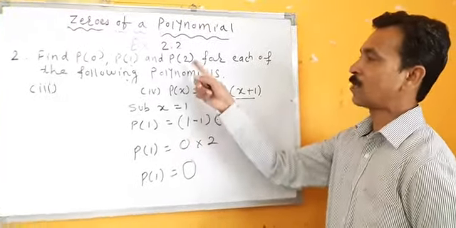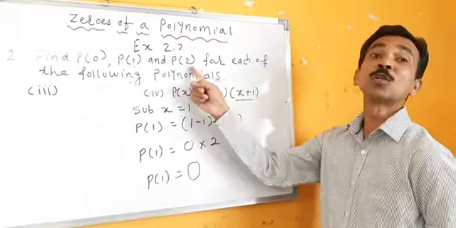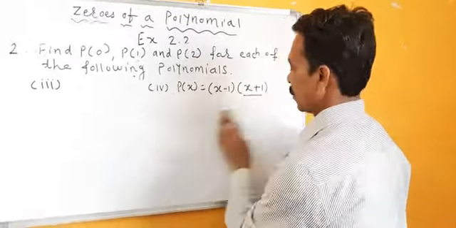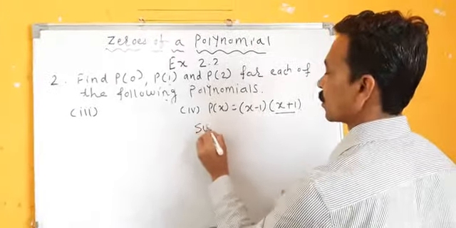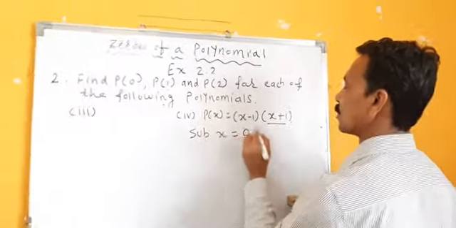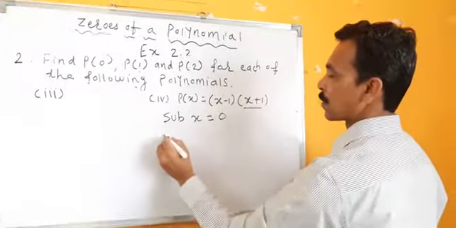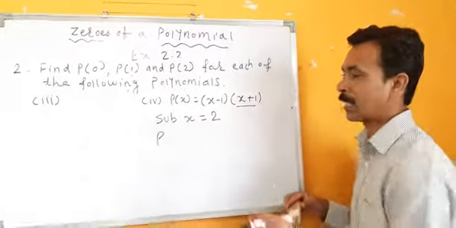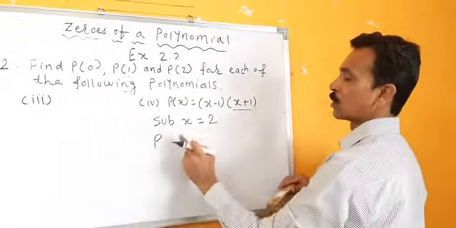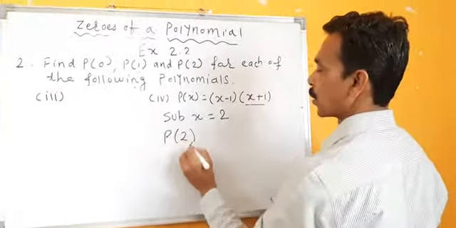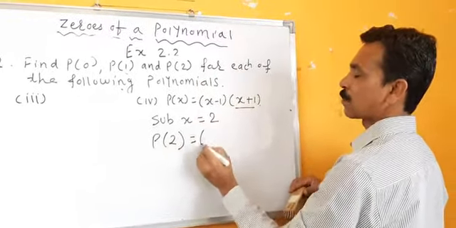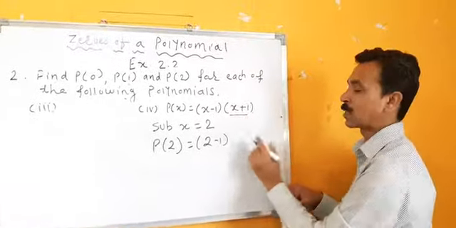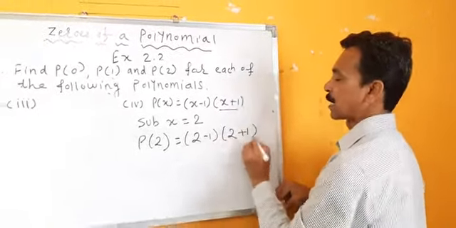Now, what is the last value which you have to put in this polynomial? 2. So I will rub this out and write here, substitute x is equal to 2, not 0. So it becomes P of 2 is equal to x minus 1, which means 2 minus 1, into the other bracket, x plus 1, which means 2 plus 1.